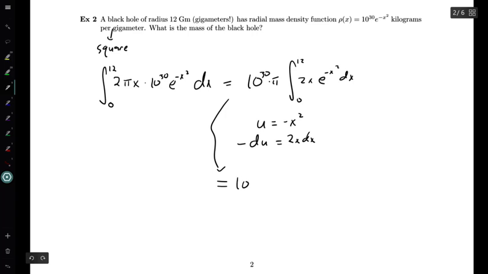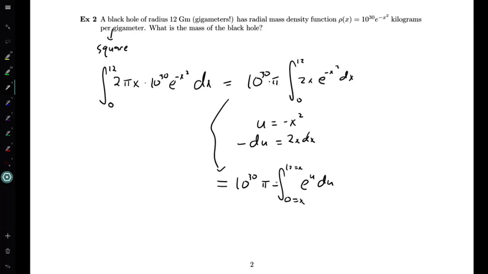we have 10 to the 30 times pi still sitting around out front. We have the integral from, we'll leave these as x values for the moment, x equals 0 to x equals 12 of e to the u times minus du. Great.